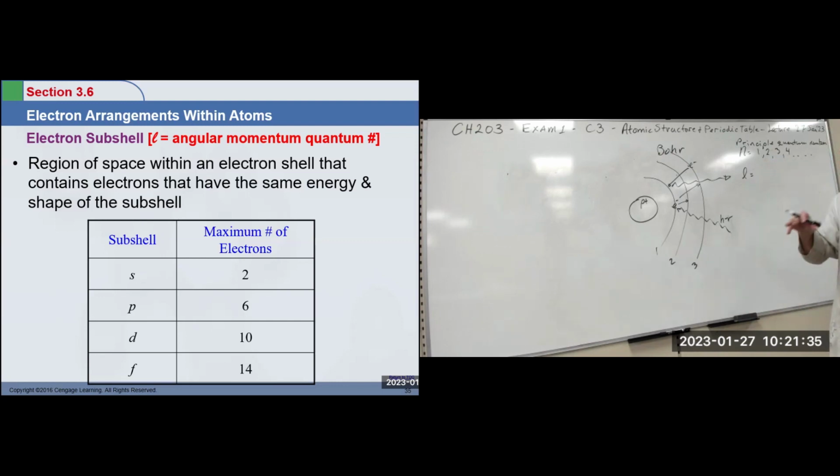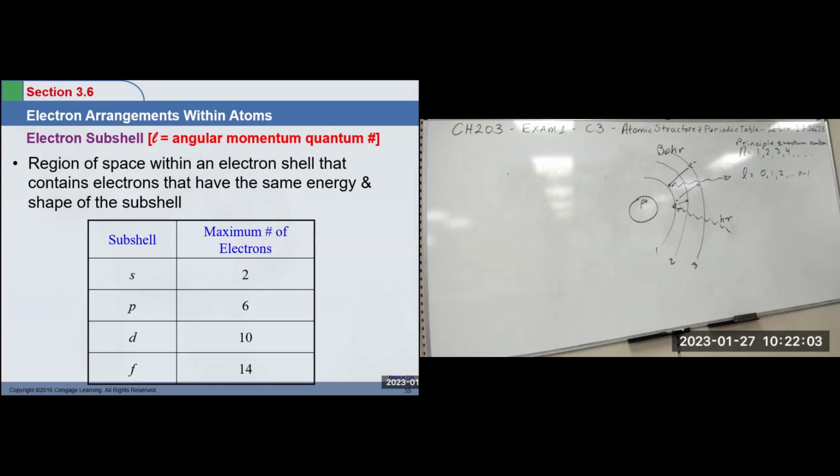We've got this number, and we can have L numbers. L is starting with 0 and whole numbers up to n minus 1. So if we have n equals 4, we have the possibility of 0, 1, 2, and 3, because that 3 is n minus 1.